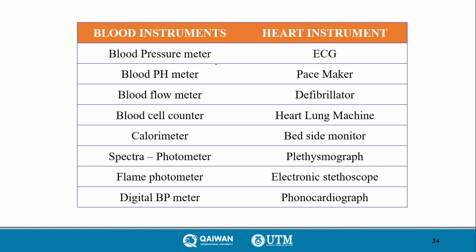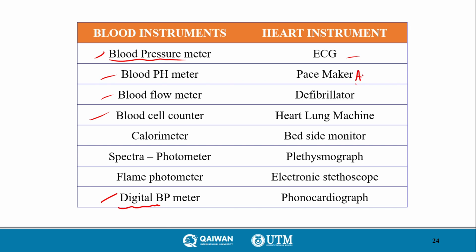And examples of blood instruments like blood pressure meters, pH, flow, cell counter. The blood pressure meter, the digital one, not the traditional one that uses mercury. Heart instruments: ECG, pacemaker.